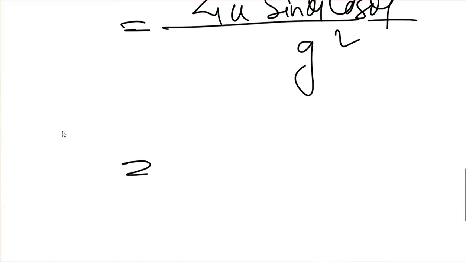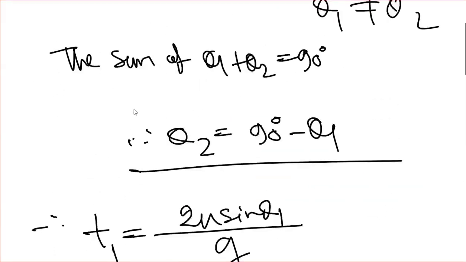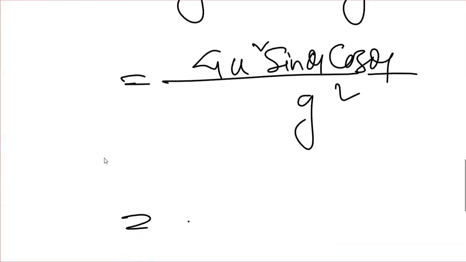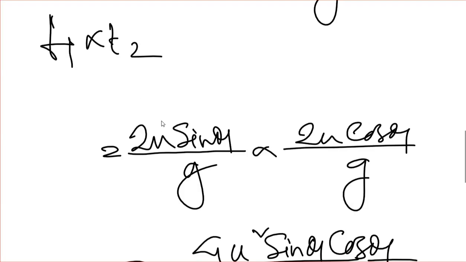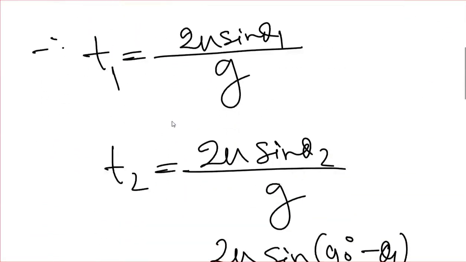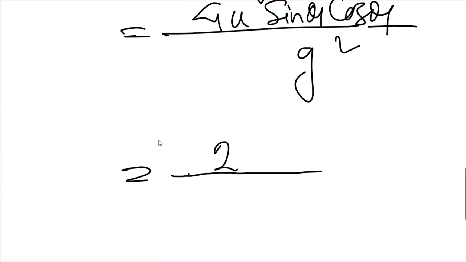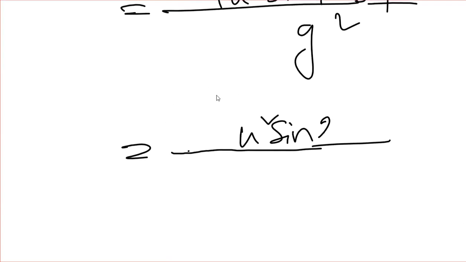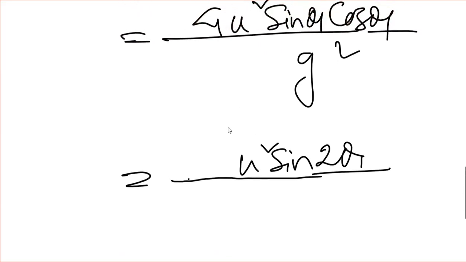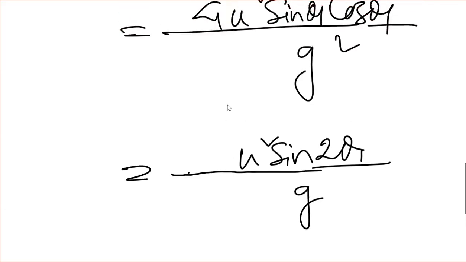So what is the formula of R? What we know is that the formula of R is u square sin 2 theta divided by g.